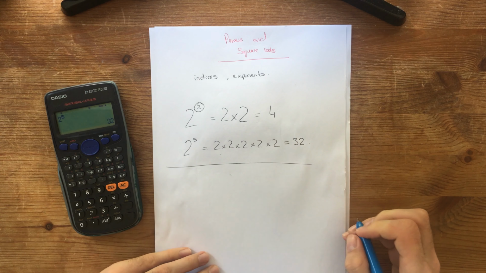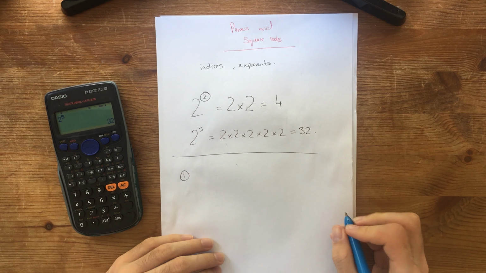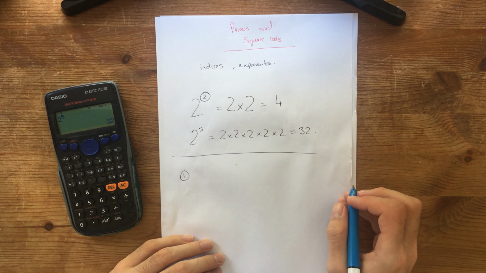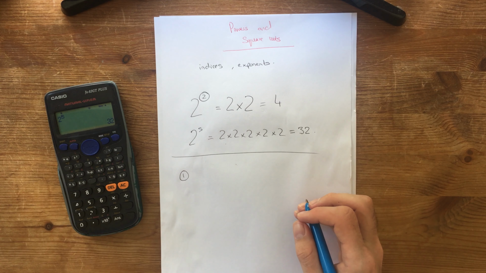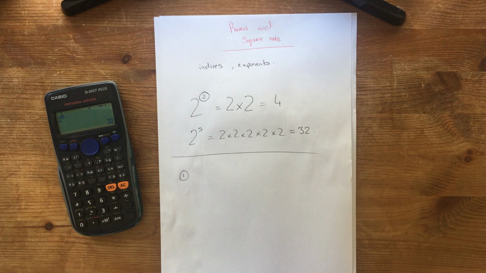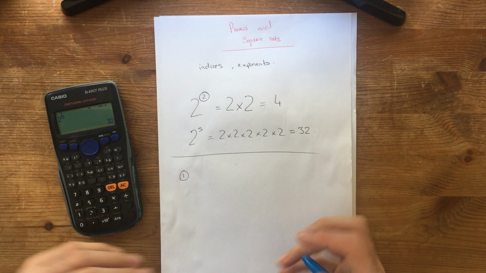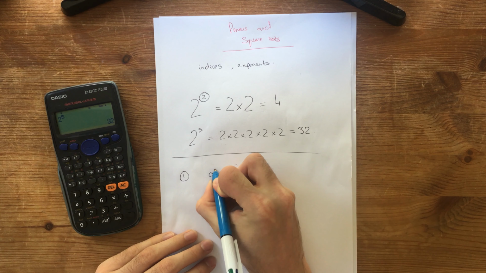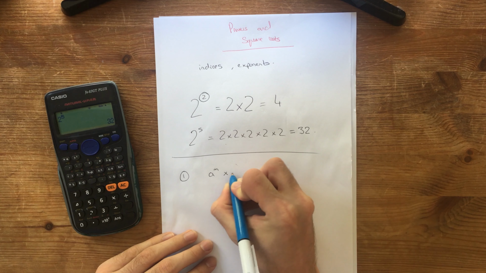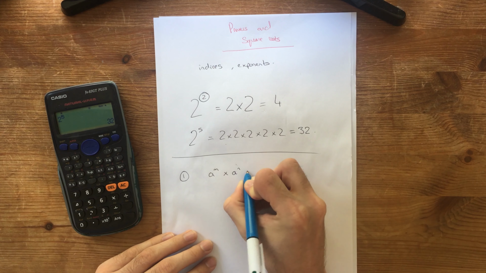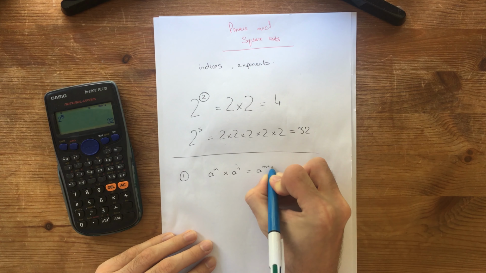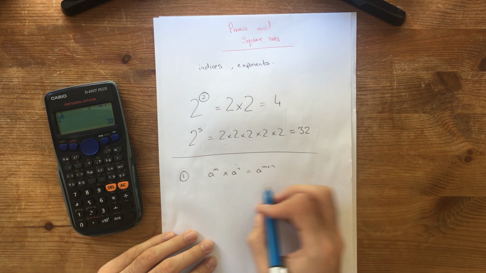So what are these rules? The first rule is I'll do this with letters if that's okay, and then I'll show you with some numbers. So what the rule says is a to the m multiplied by a to the n is equal to a to the m plus n. So what does that mean?